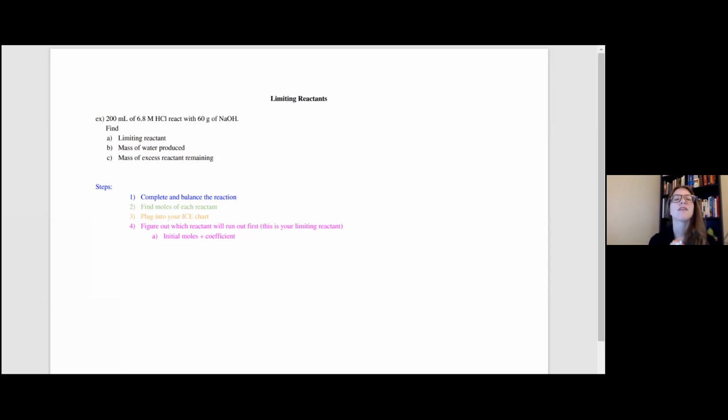So the concept behind limiting reactants. If you think of a chemical reaction, like the reactants yielding the products, think of that like a recipe. Actually, let me make up a recipe here just for the purposes of this example. Let's say we're baking some cookies, right?